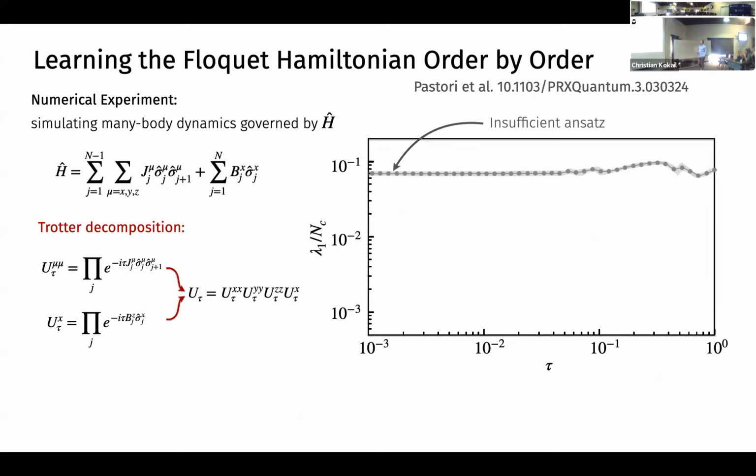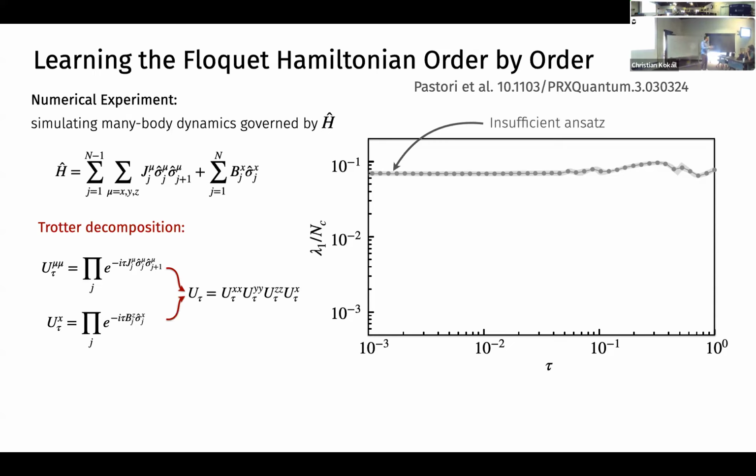So our idea was to look at lambda 1, the smallest eigenvalue of this correlation matrix, as a function of the Trotter time step. We took a Heisenberg model with some field and chose a Trotter decomposition of it, and now you can do Hamiltonian learning for this Trotterized time evolution.